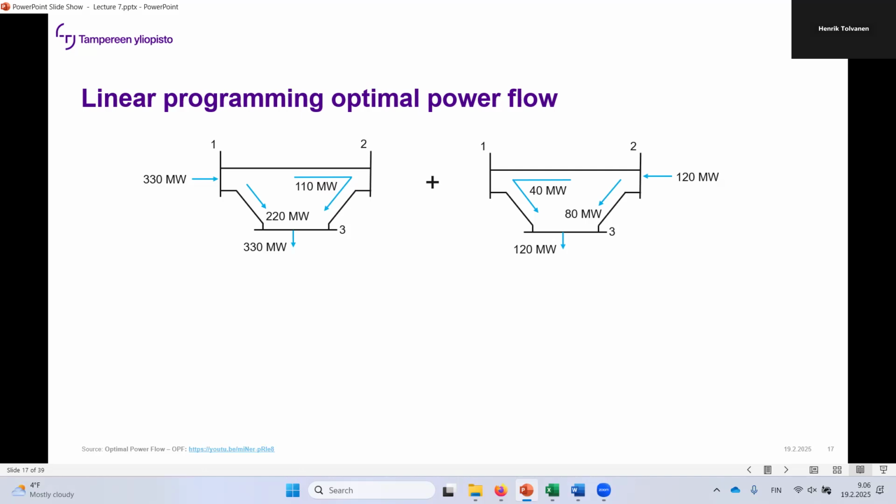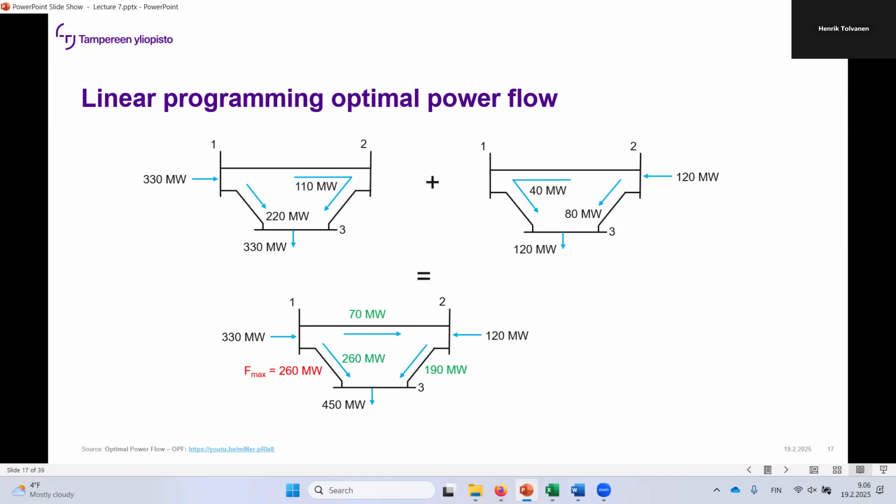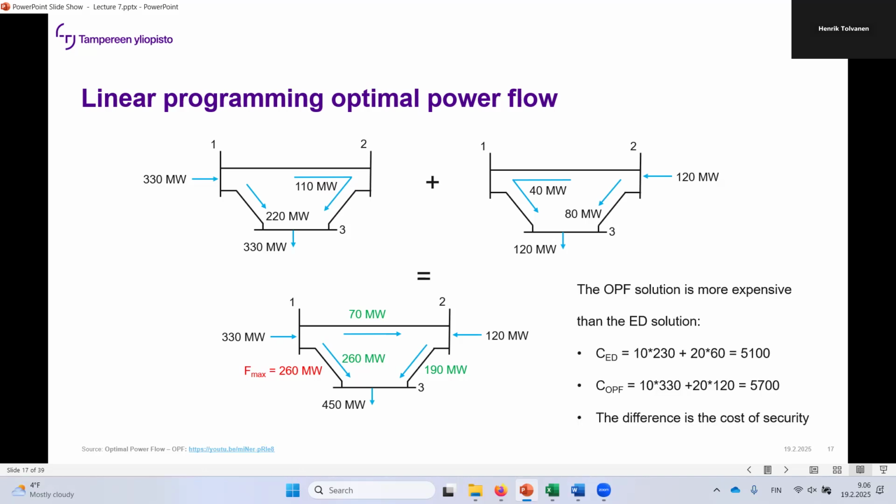And if you have 120 megawatts in here, then it's going to be 80 and 40. And if you apply the superposition principle and calculate those together, you're going to get 260 megawatts into here. So what that means is that this optimal power flow solution is more expensive than the economic dispatch.